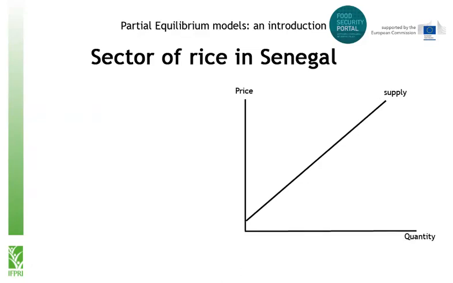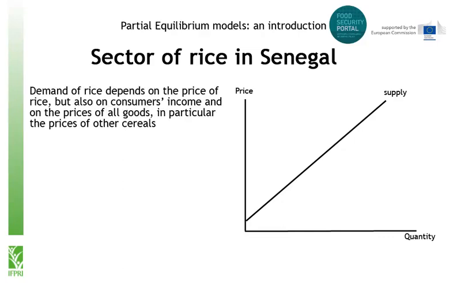So let us consider now demand. We are still studying the rice sector in Senegal. If you ask yourself what the factors determining the demand for rice are, of course it depends on the price of rice, but it also depends on consumers' income and on the prices of all goods, in particular the prices of other cereals that can be substitutes for rice.